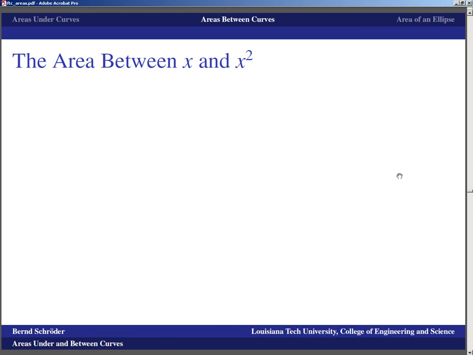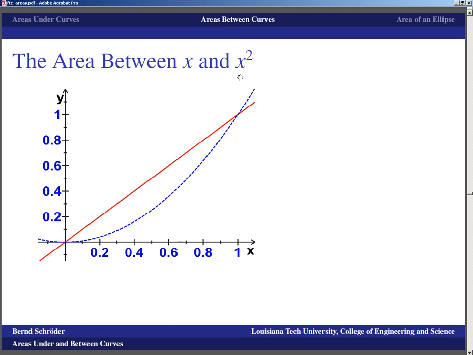The interesting thing now is, and this is something that we haven't tackled with Riemann sums and with direct setups, because the computations would just get too epic, that we can also compute the area between curves. So the area between x and x squared, for example, what would that be? Well, it's right there. The integral, however, can only give us the area underneath the curve.